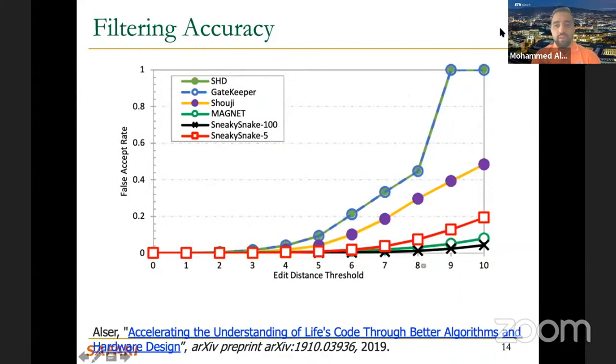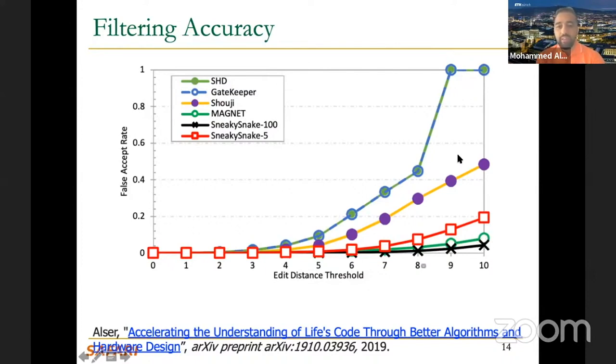All right, so given that you already see GateKeeper, Shouji, MAGNET, and now SneakySnake, you can get a clear idea on the accuracy, hopefully. In SneakySnake, we don't have any dependencies. We don't have a domination with the zeros as we have in GateKeeper and MAGNET as well. So you can see SneakySnake performs the best, even better than MAGNET. You can see the black plot over there; this is SneakySnake, and the light green one is MAGNET.